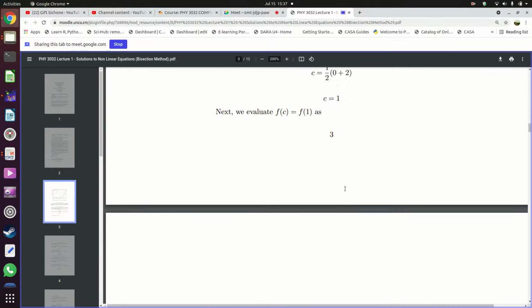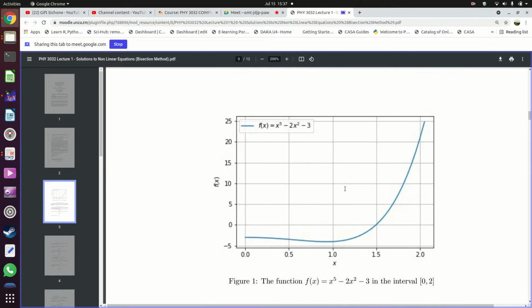Previously it was from 0 to 2. Now it's just going to be between the 1, which is the lower end of our bracket, and the 2, which is this side. Is that clear?